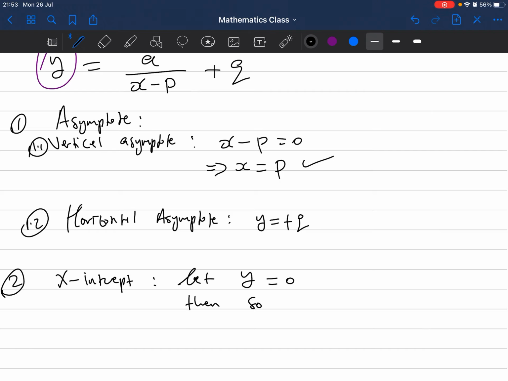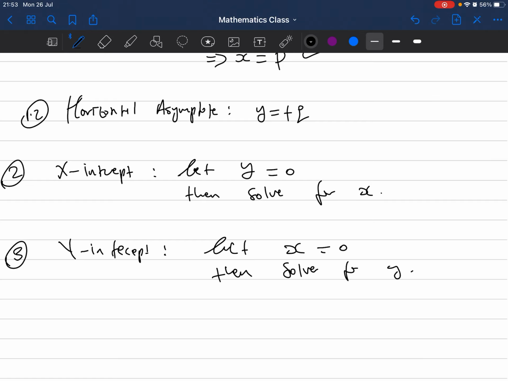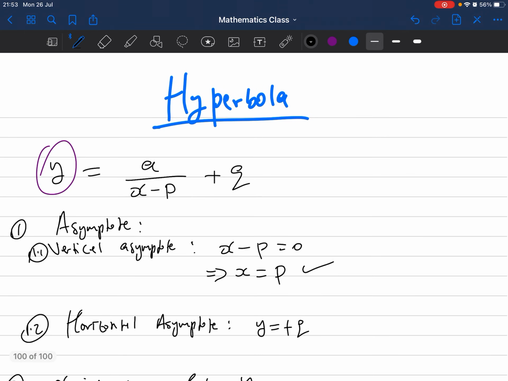Then solve for x. That is your x-intercept. Your y-intercept is you let x equal to 0, then you solve for y. So what do you do? With this one, you let x equal to 0, then you solve for y.